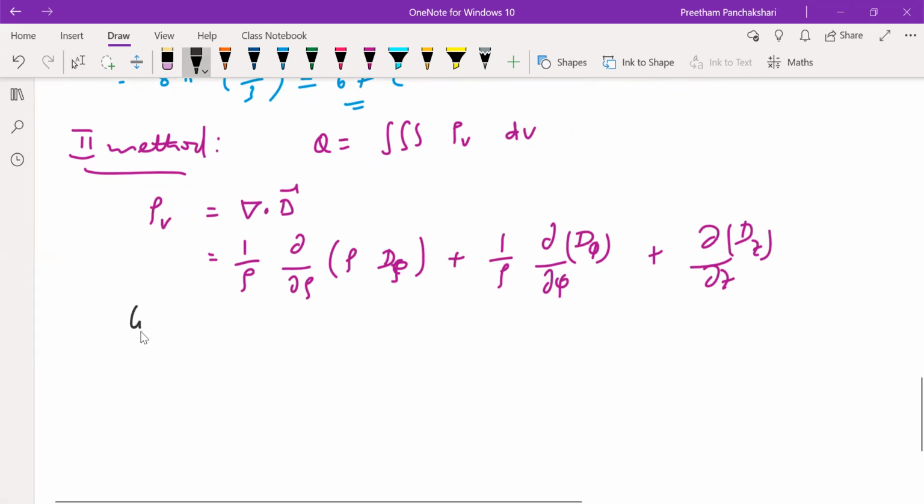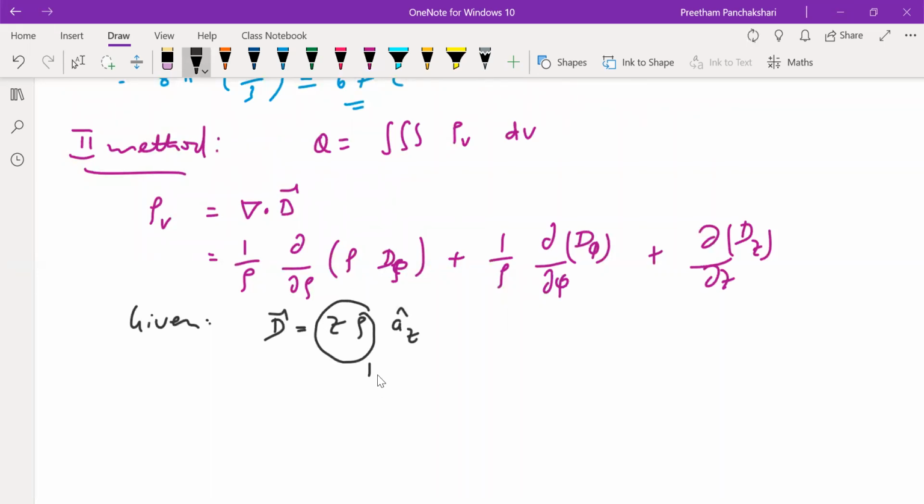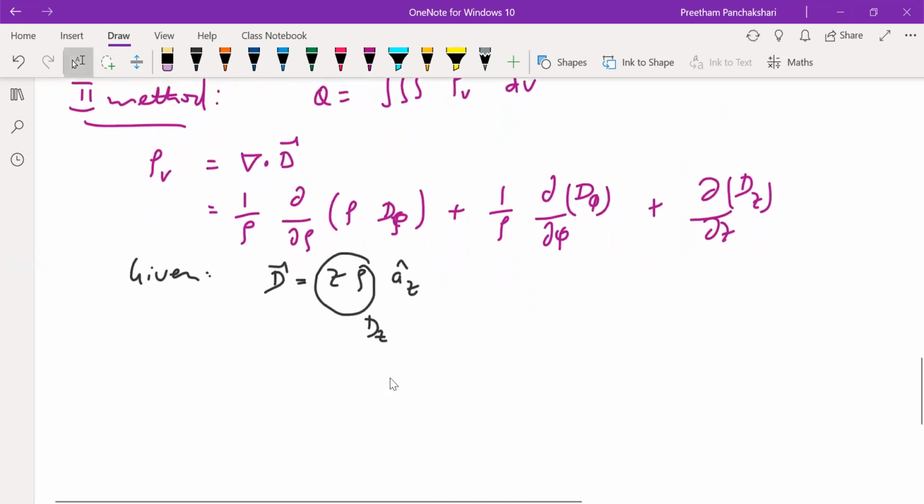But what is given? The problem is D is equal to z rho a cap z. So z into rho is the z component of the D. So that is why D rho is 0. D rho is 0. D phi is also 0. Only simple differentiation of D z.